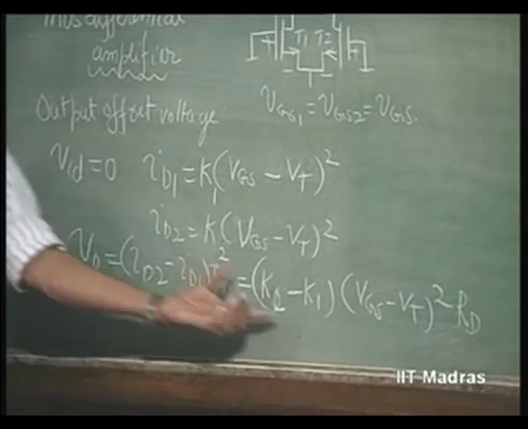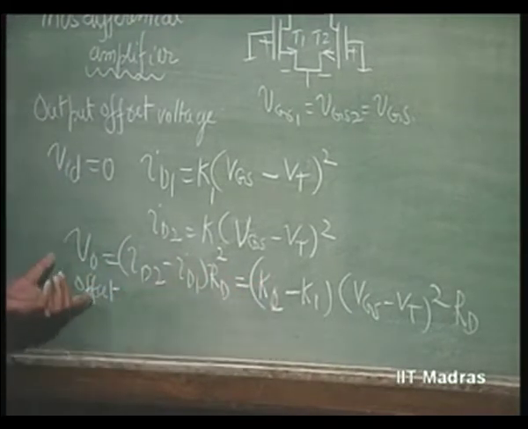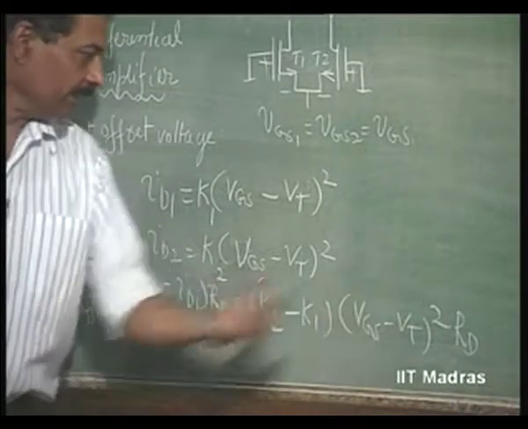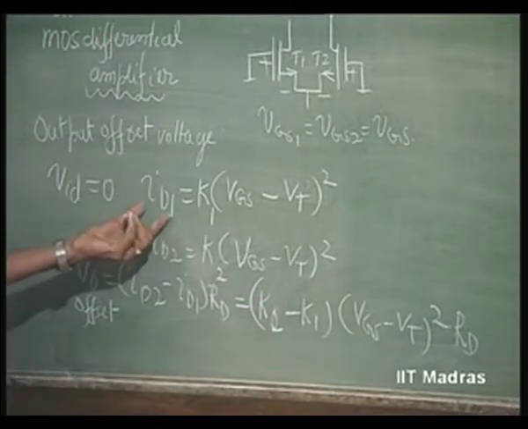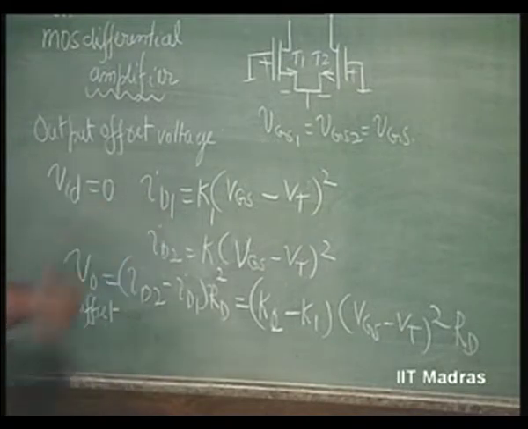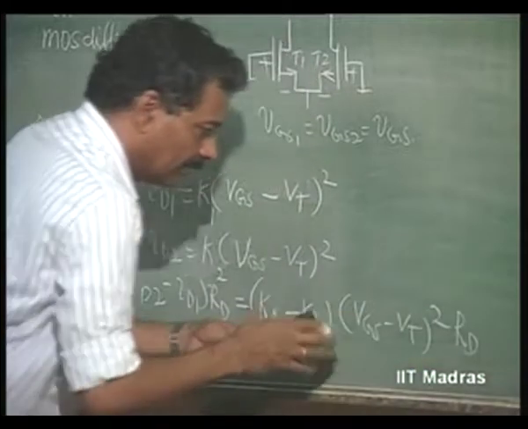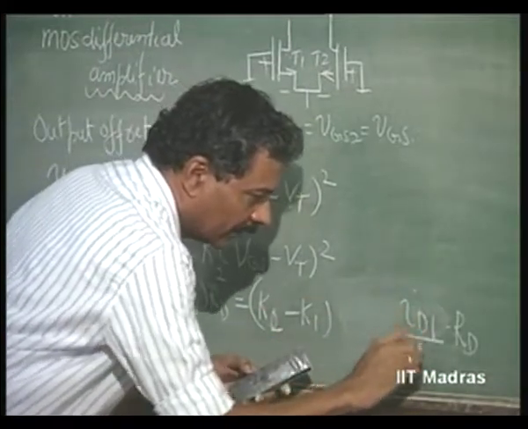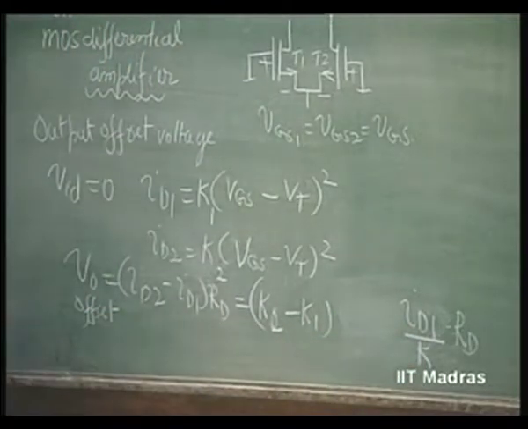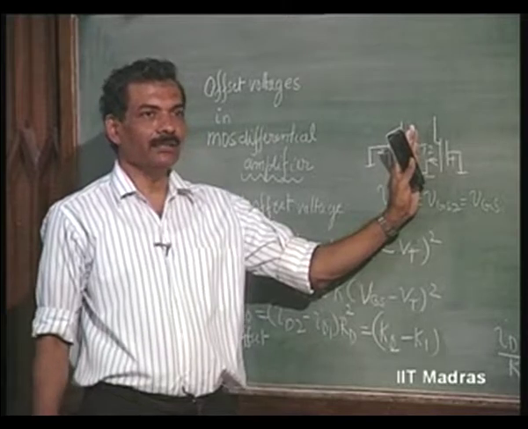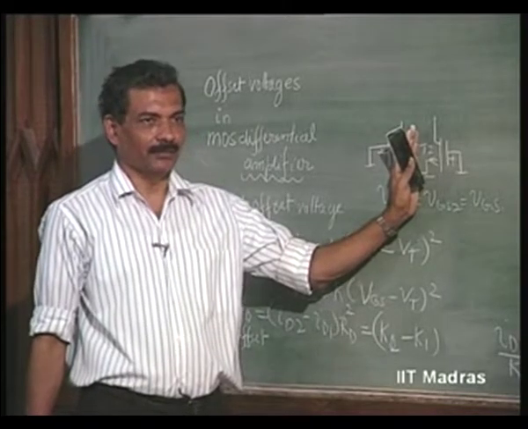So, it is the mismatch factor which is responsible for the output offset, and VGS minus VT whole square is nothing but ID1 by K. So, we can put this as ID1 by K. And what is ID1? ID1, since these are right, is going to be very nearly equal to I0 by 2.